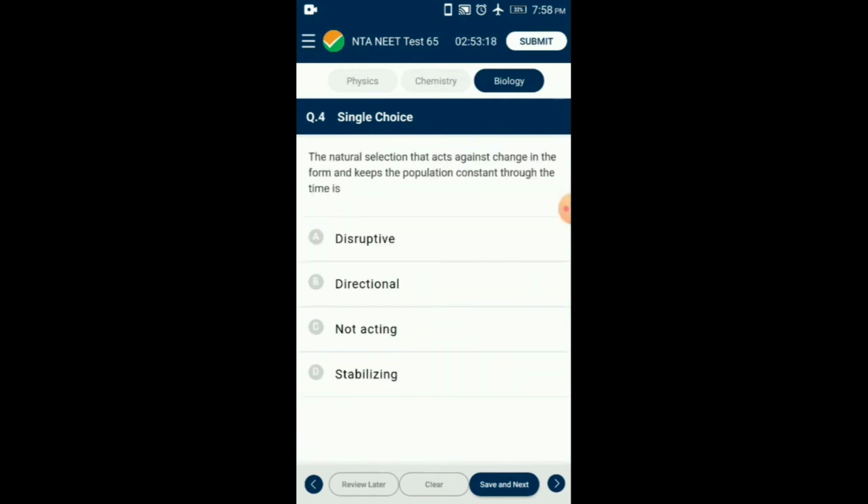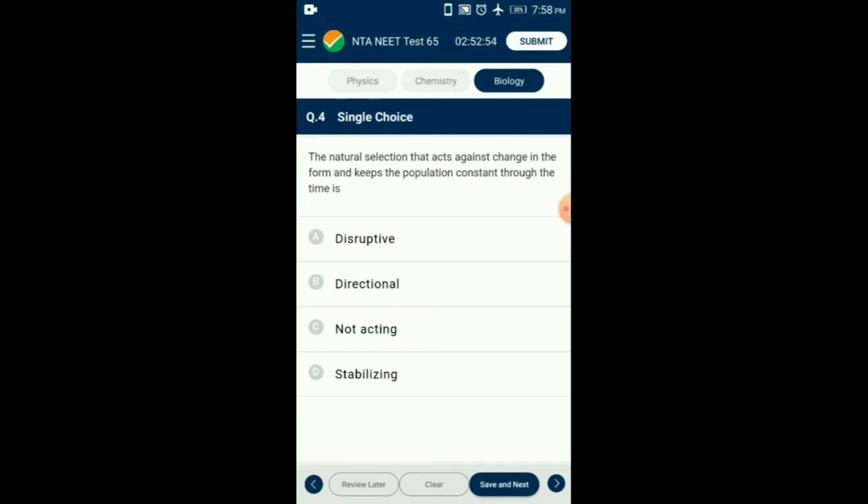Question number 4. The natural selection that acts against change in the form and keeps the population constant through time is. Natural selection of neo-Darwinism operates through differential reproduction instead of survival of the fittest.